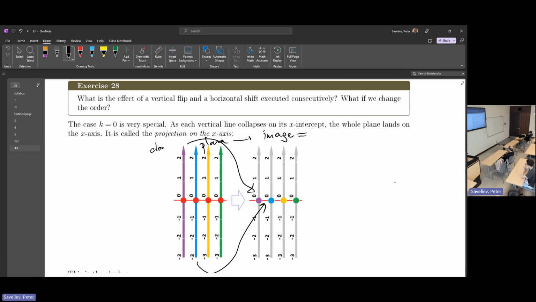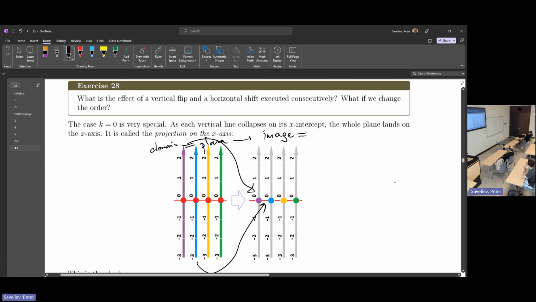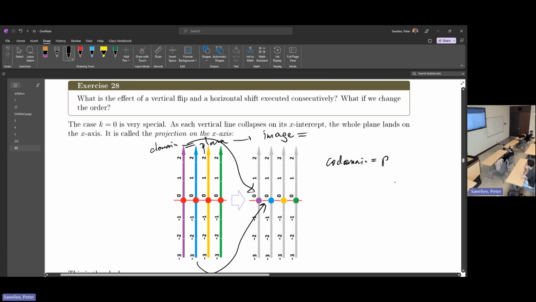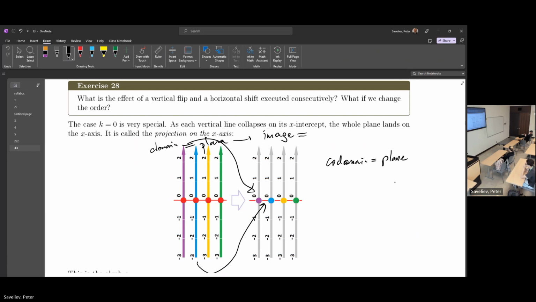So the domain is the plane. The codomain is also the plane. What's the image? Remember what the image is? What is the image of a function?